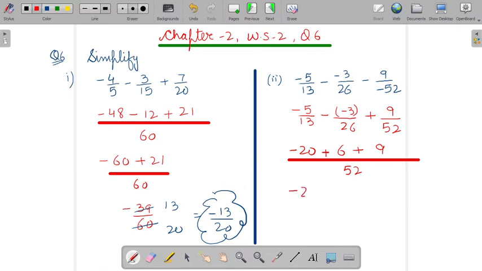Okay. Now minus 20 plus 15 divided by 52, and in the next step minus 5 upon 52. Now in this part, we cannot convert it into standard form, so you will keep the answer as it is.